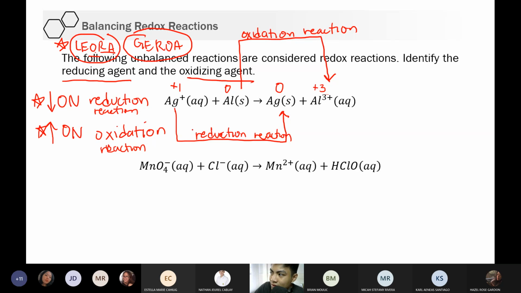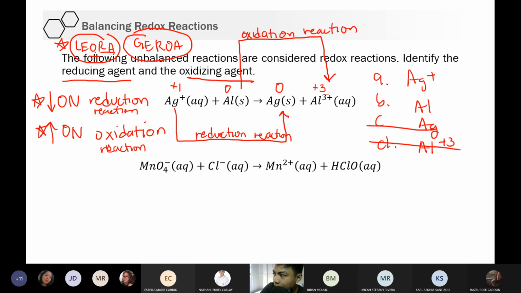Sino yung nag-undergo ng oxidation reaction? Kunwari quiz to. Again, wala tayong tawag sa product, so you can cancel them out.